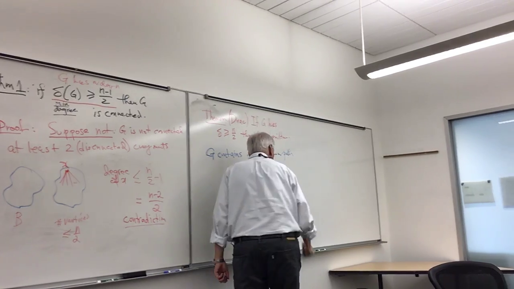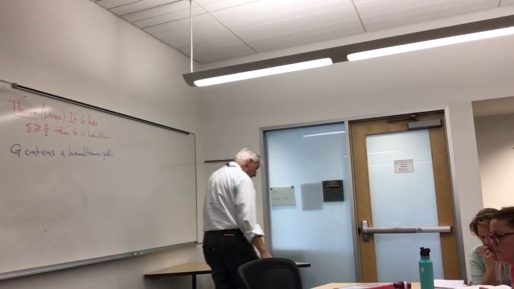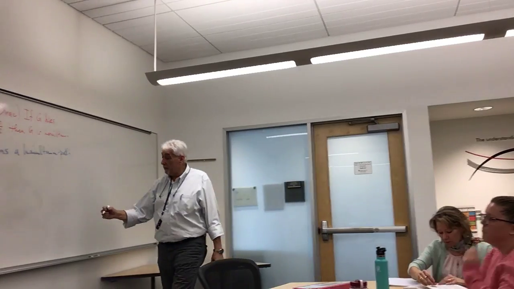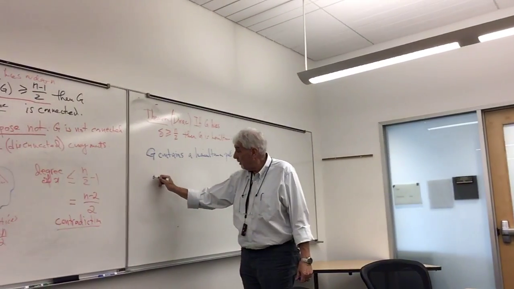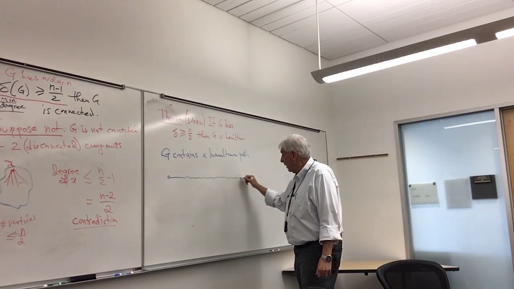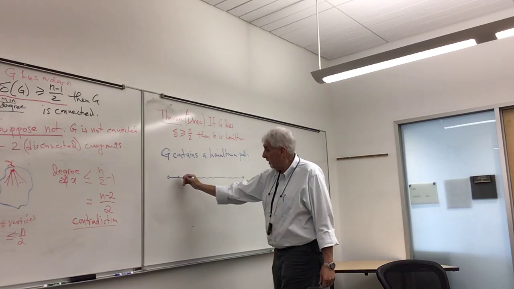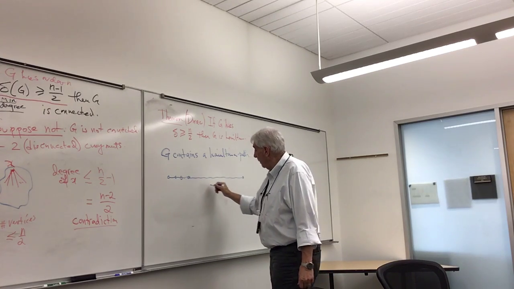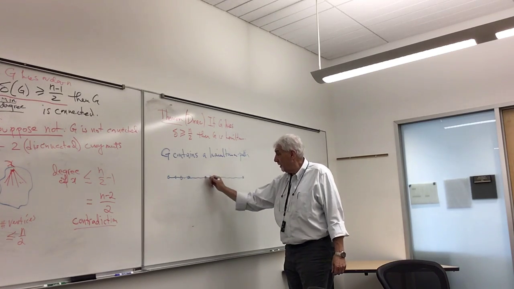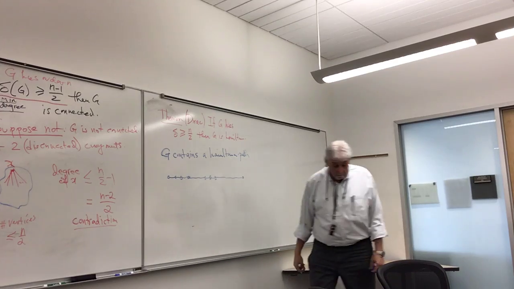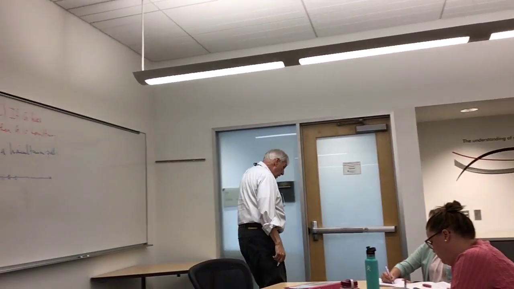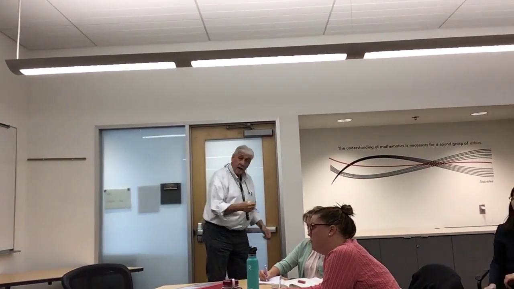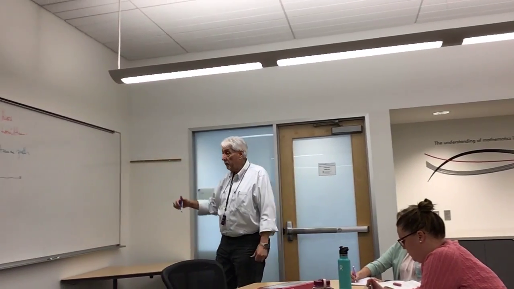Okay, so I have a Hamiltonian path. So the nice thing about a Hamiltonian path, it's all the vertices. The squiggle means that there are vertices, right? So I'm going to pick a point in the middle. It has a Hamiltonian path, no vertices off this path.